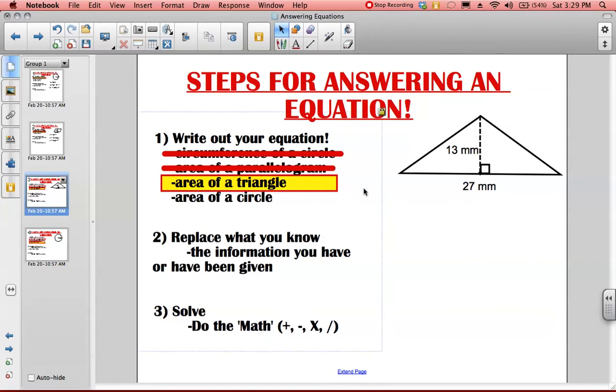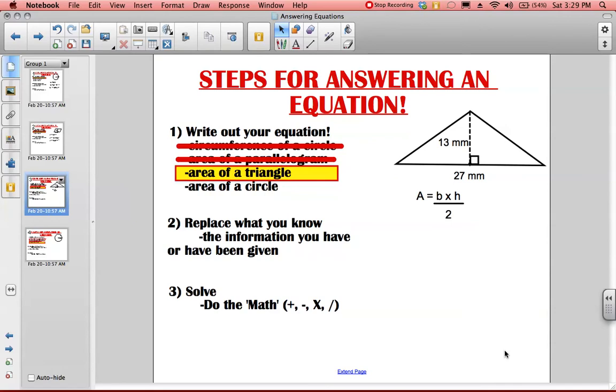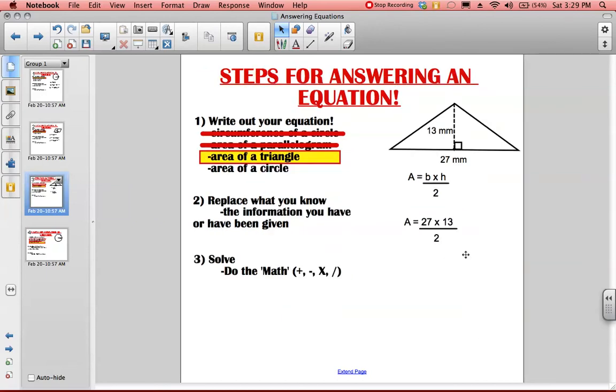Triangles are a little different. We decided that as a group they are half of a parallelogram. So we're going to use the same equation, except we're going to divide by 2. We've written out our equation: area equals base times height divided by 2. We replace the information that we know: the base is 27, the height is 13, divided by 2. 27 times 13 divided by 2.